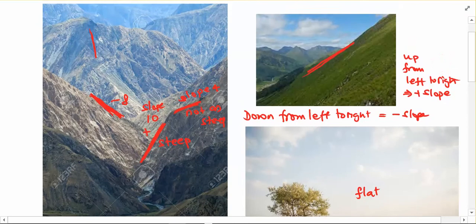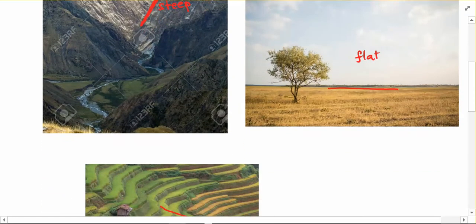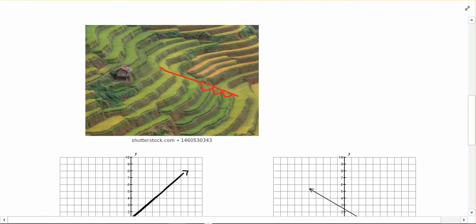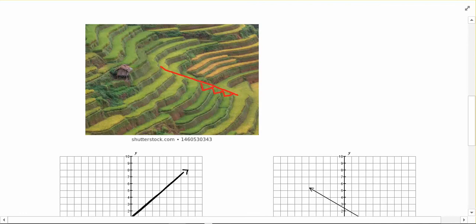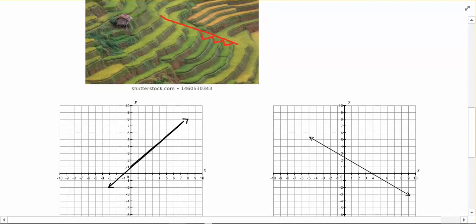And this, oh my goodness, that's like straight up and down. That's also going to be negative, but I'm going to give it a slope score of like 100, right? So the negative tells me which way it's going, and the 100 tells me how steep it is. So this seems like pretty arbitrary ways in which we assign the slope score, but there's actually a way in which we measure the slope.